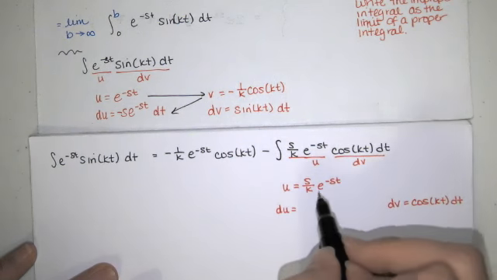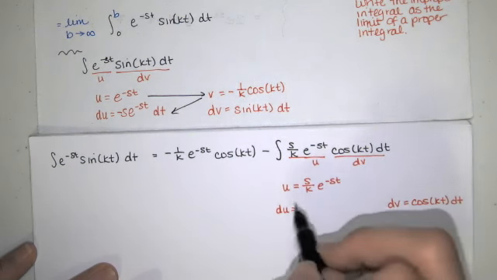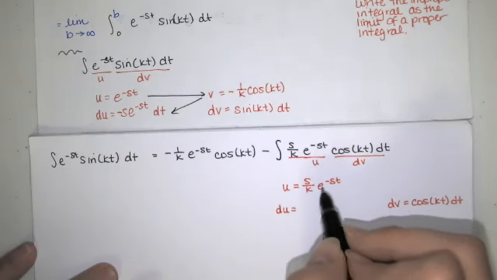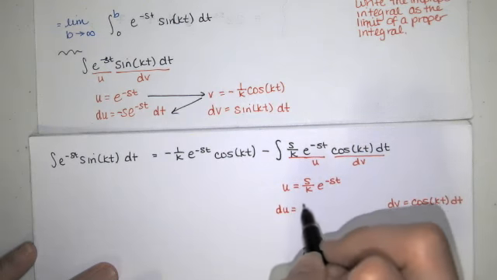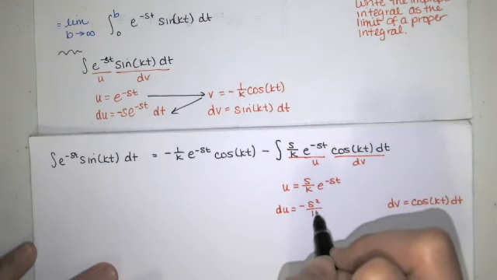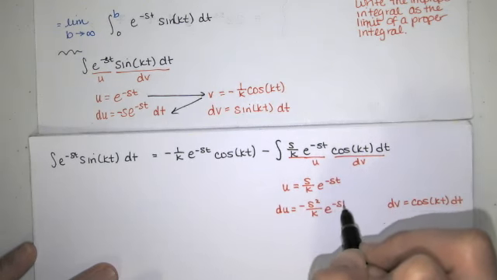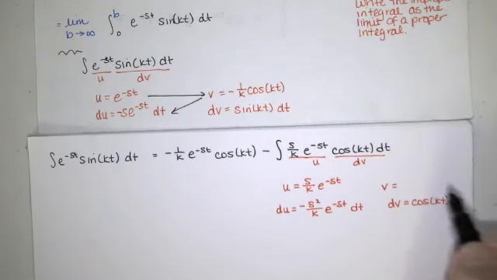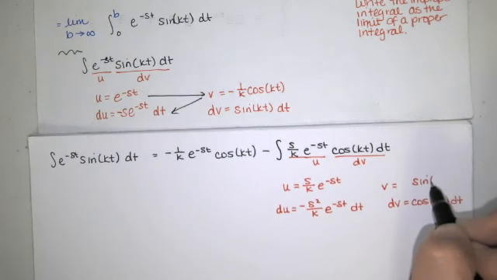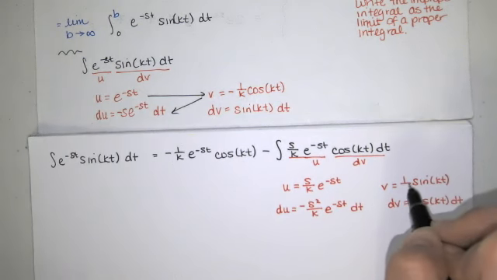The derivative of this is this times the derivative of the exponential. So the exponential's derivative is the exponential times the derivative of the inside by the chain rule. So we're going to get another negative s out here. Don't forget your dt. And the antiderivative of cosine of kt is sine of kt times 1 over k.